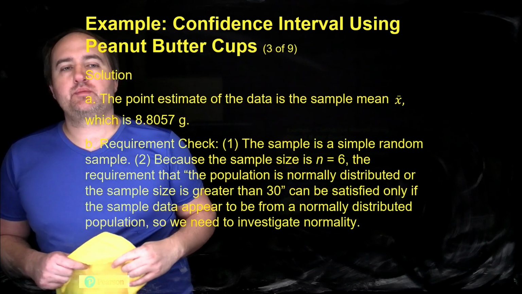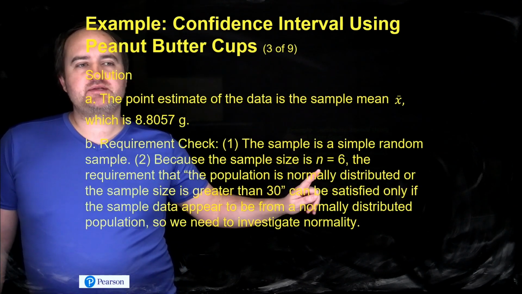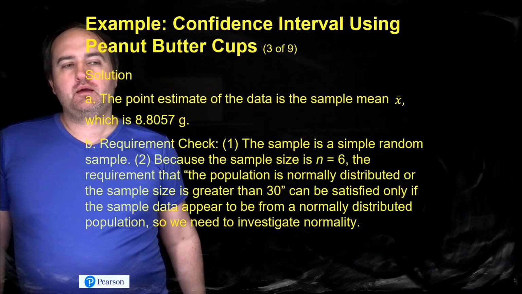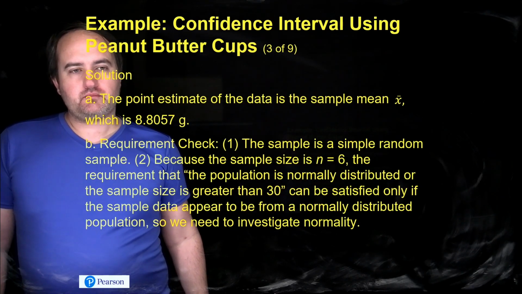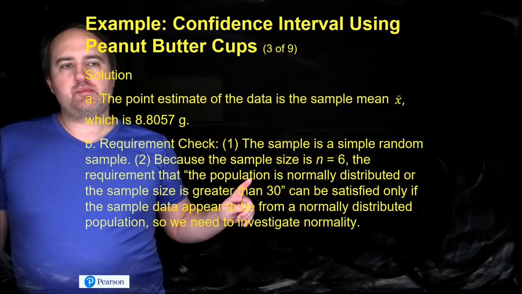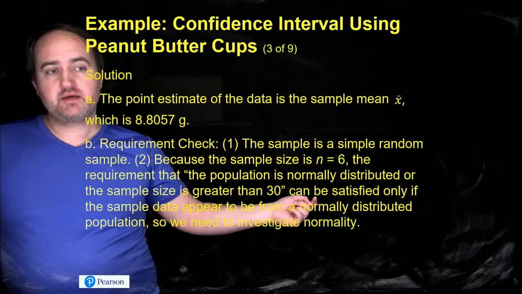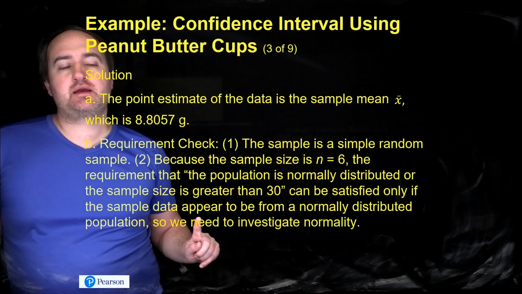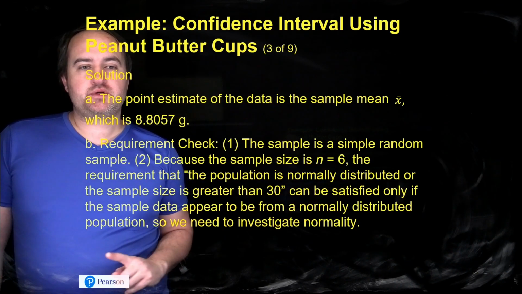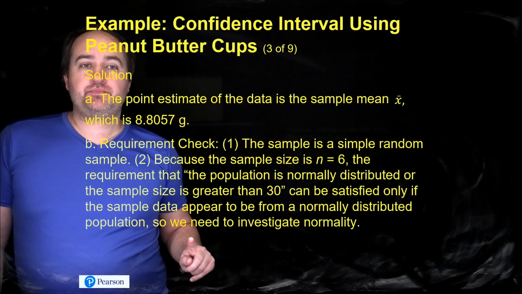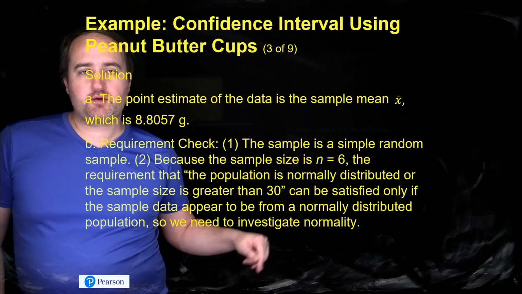And then the other requirement is, because the sample size is n equals 6, the requirement that the population is normally distributed or the sample size is greater than 30 can be satisfied only if the sample data appear to be from a normally distributed population, so we need to investigate normality.